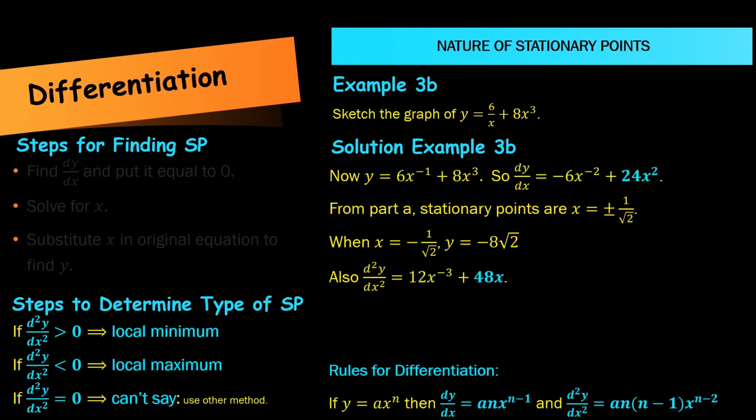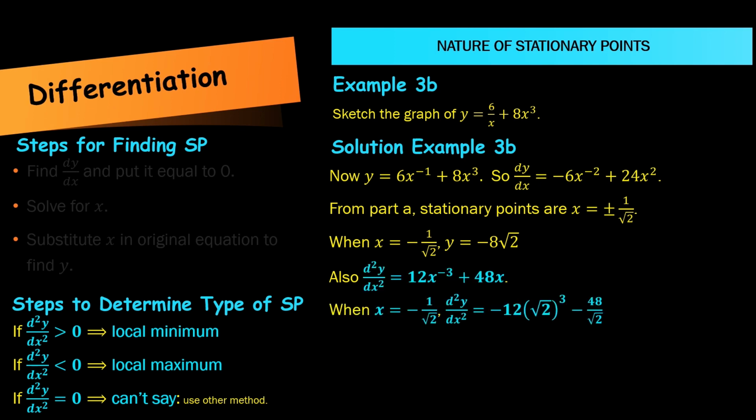And so when x equals minus 1 over root 2, d²y/dx² is less than 0. And of course this implies that our stationary point is a local maximum.